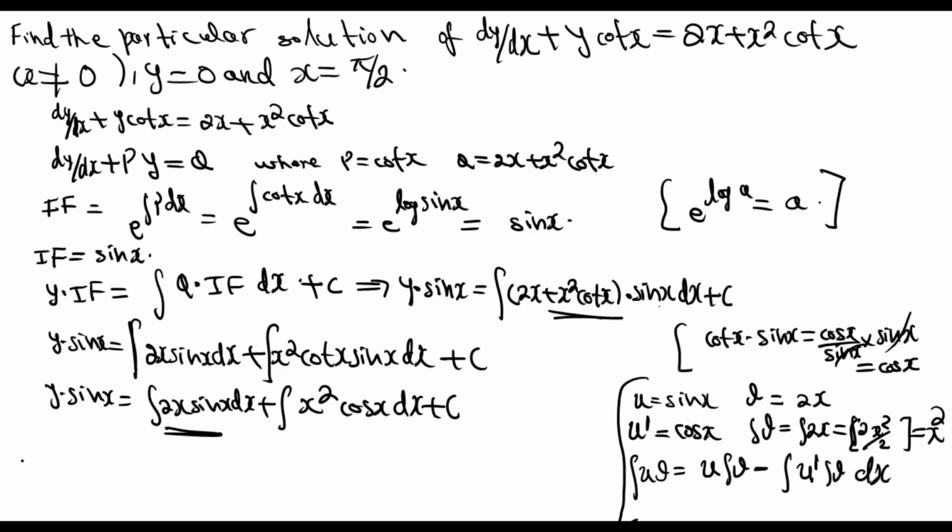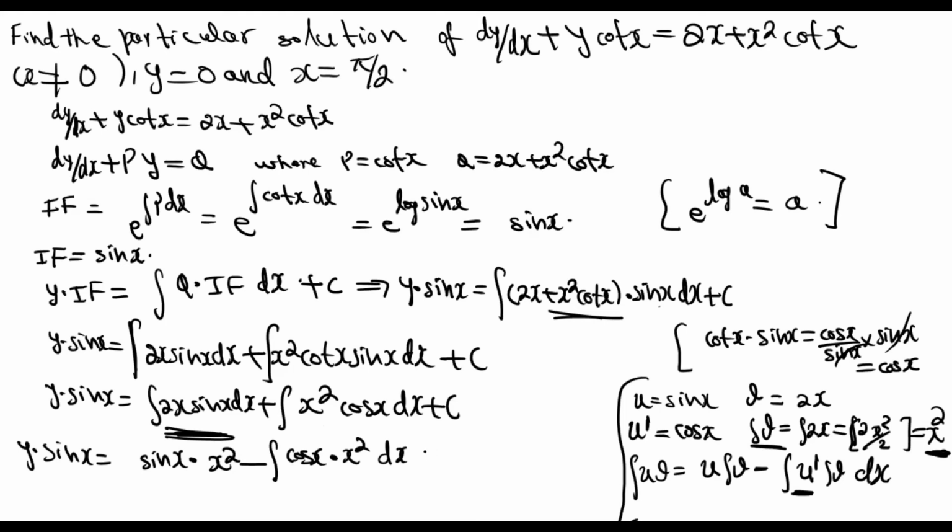Apply the formula: y into sin x is equal to, for the first sum only apply the uv rule, u value sin x into integration of v, which is x square, minus integration of u dash value cos x into integration of v, x square, into dx.